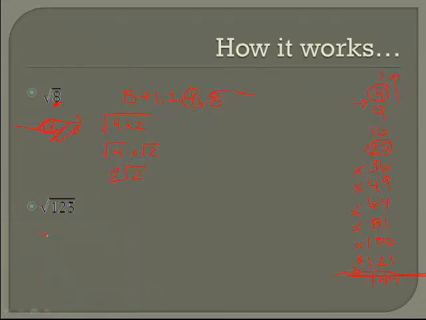So we go back over, and we're going to rewrite 125 as 25 times 5. Remember, write that perfect square first. So that's the same as saying root 25 times root 5. And then we can actually solve the root 25. That works out to be 5, and then we have our root 5. So 125, written as simply as possible, is 5 root 5.